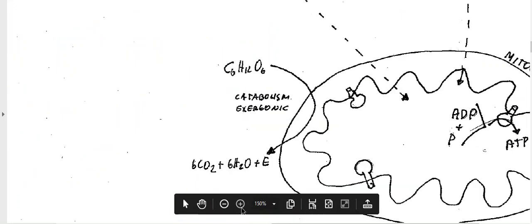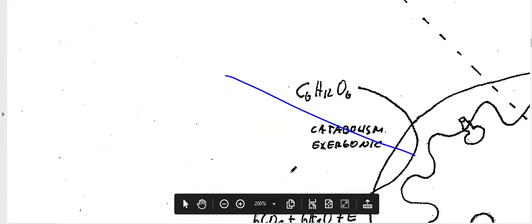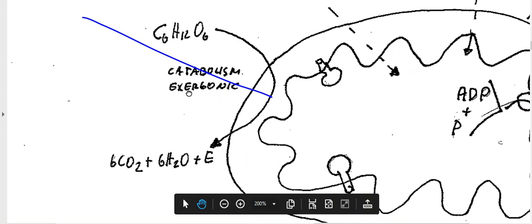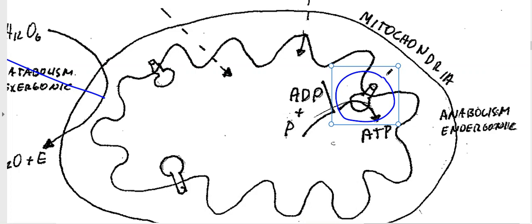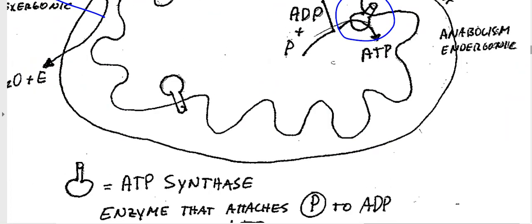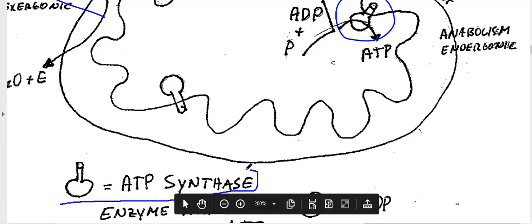Here we are. Oh, I didn't want to draw that. Sorry. Deal with it, it's okay. They're going to diffuse back into the mitochondria, and there's an enzyme in here, right there, called ATP synthase. Here it is, ATP synthase.